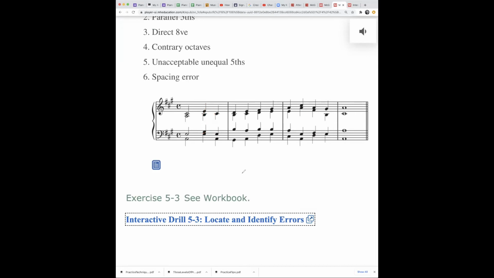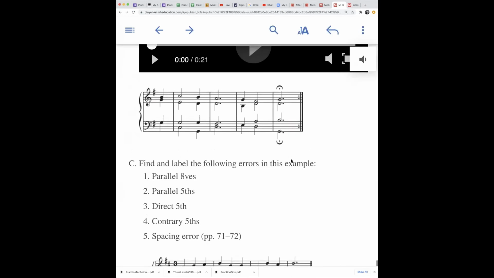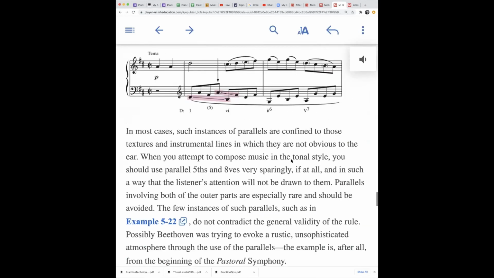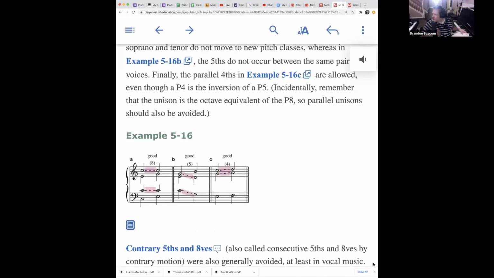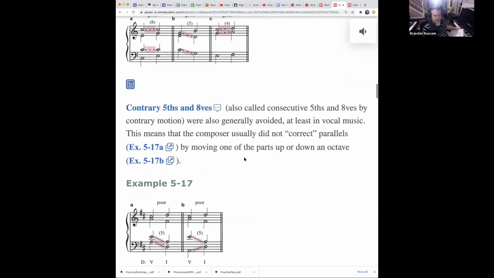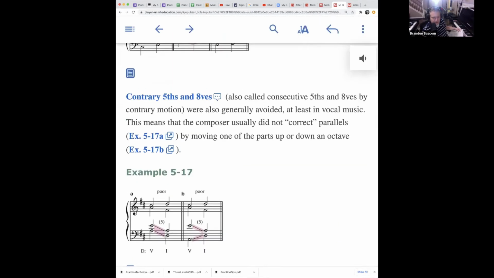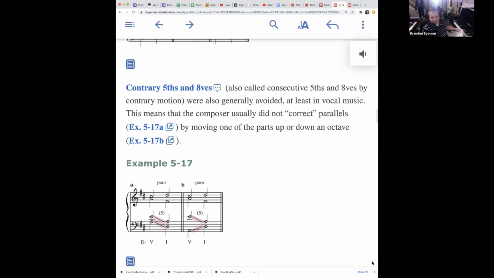In 517. There's what their example is. Does everyone see it?